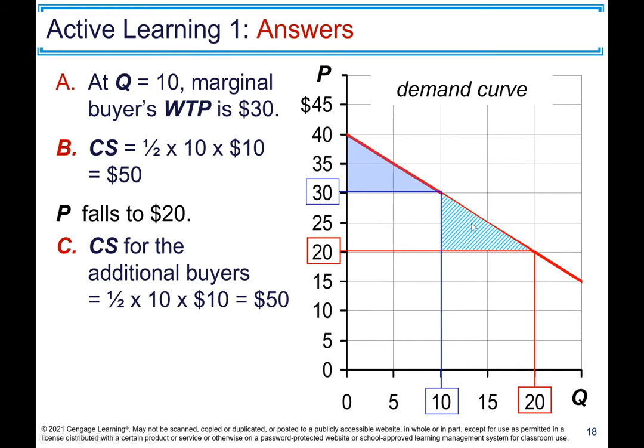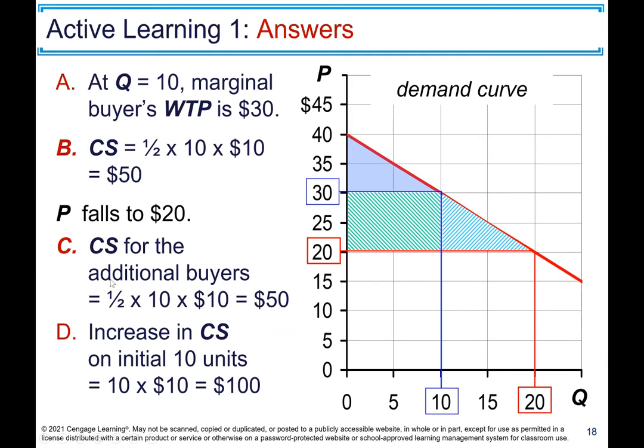This is the area of this little triangle. The base is 10, from 10 to 20, and the height is 10, from 20 to 30. So the area, which is the consumer surplus that goes to the additional buyers, is 1/2 times 10 times 10, and that is 50.